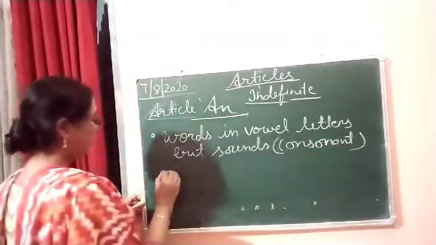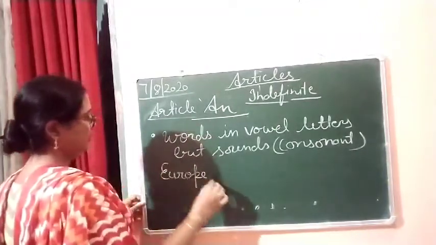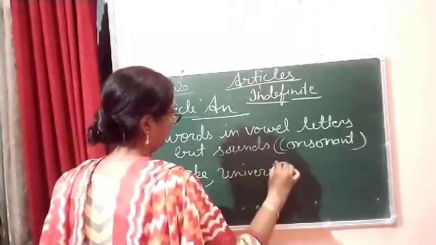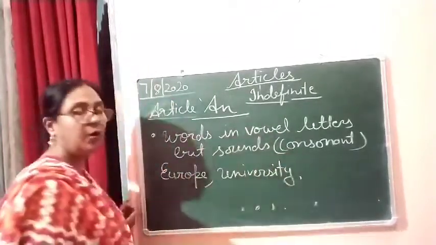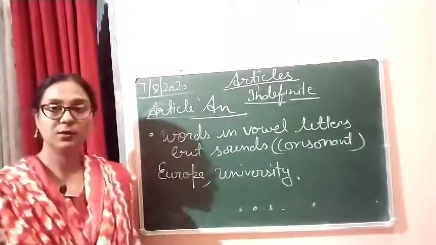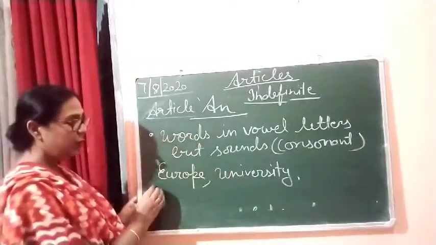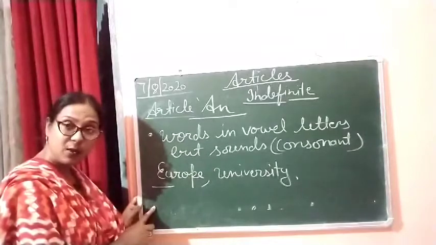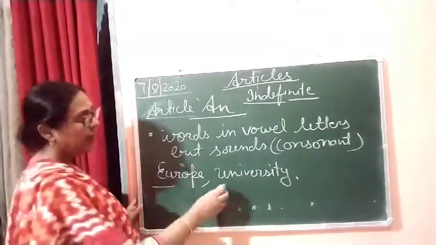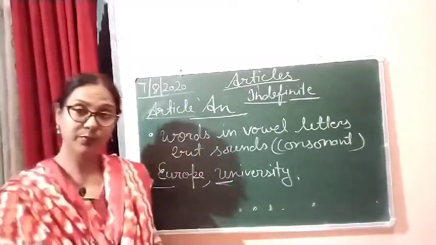I am going to give you examples. First of all, you can see these two words. I am giving only two examples here. Europe starts with the letter E, which is a vowel, and university also starts with U.